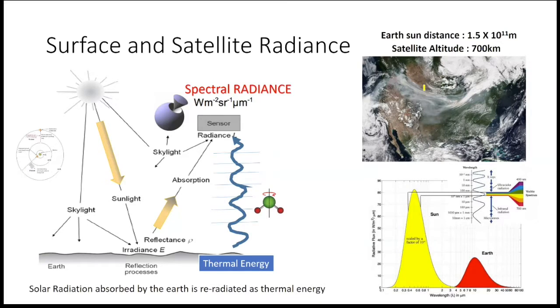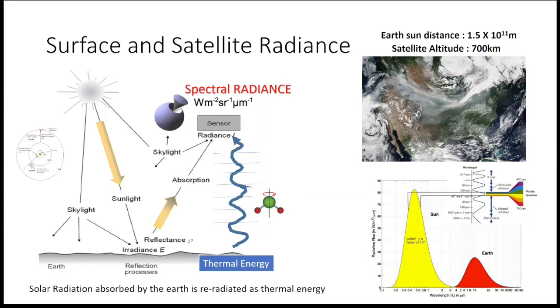I've been doing this for almost 3 decades, and I still get excited about looking at images like this. Earth-sun distance is 1.5 times 10 to the power 11 meters, satellite altitude is 700 kilometers, and here is some spectacular imagery that has clouds and land, and we measure that within a certain accuracy.